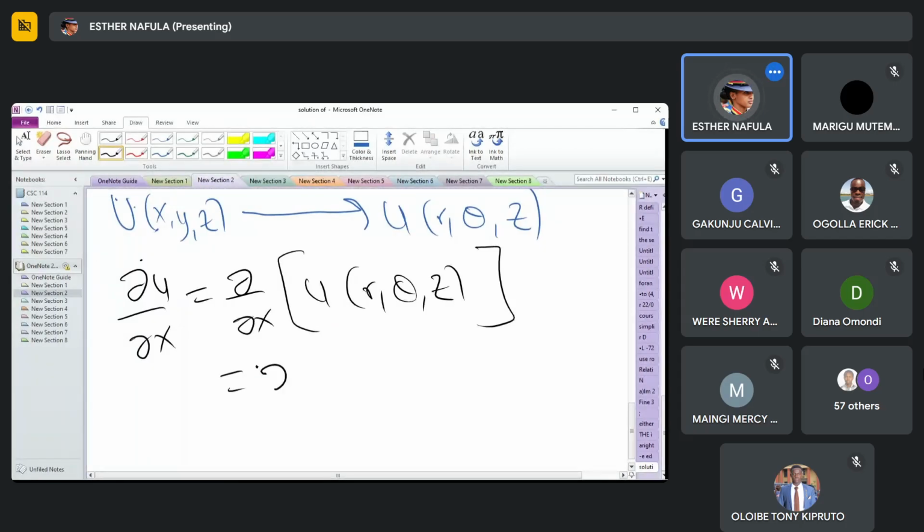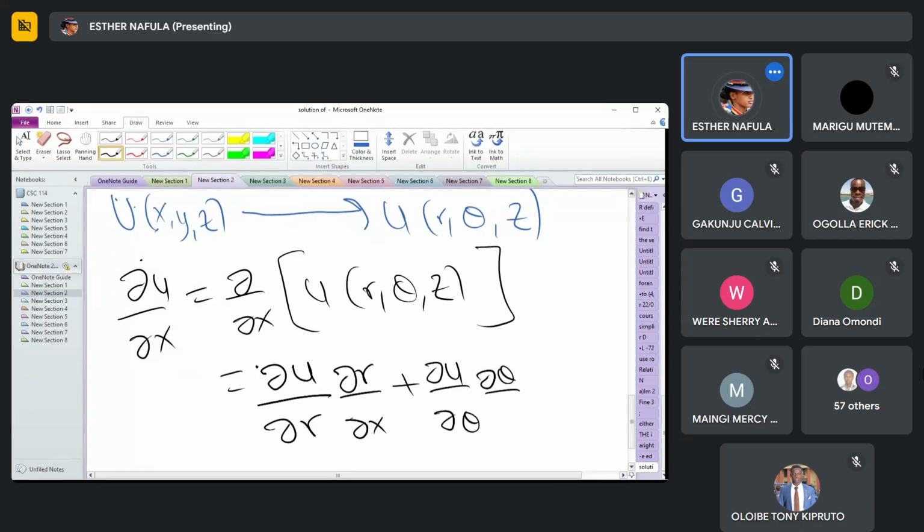So this will be partial u, partial r, partial r, partial x, plus partial u, partial theta, partial x, plus partial u, partial z, partial x.